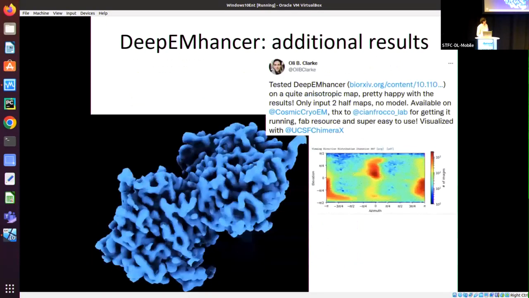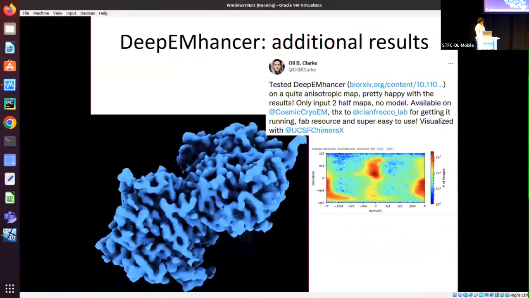But to be honest, the most interesting result from my viewpoint is one I have just taken from Twitter. DeepEMhancer seems to attenuate anisotropy, which is quite surprising. Visually you can see here that the anisotropy seems to diminish after DeepEMhancer usage.